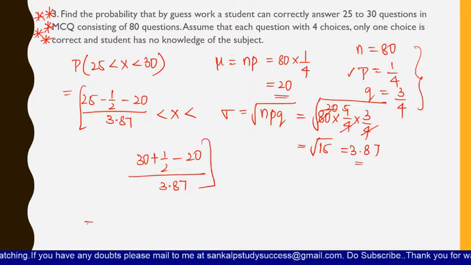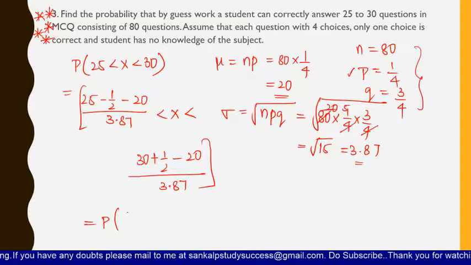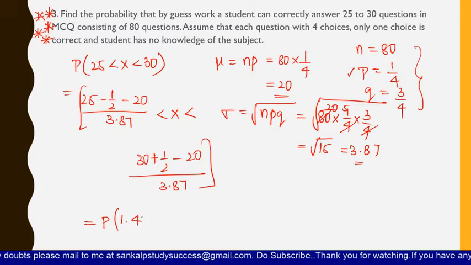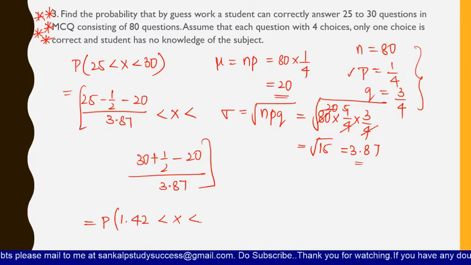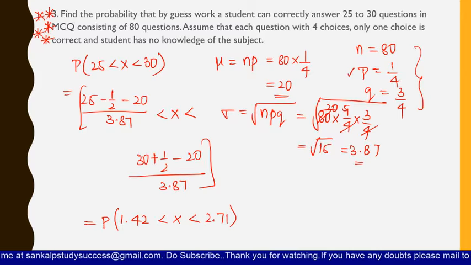So now, probability of, if you simplify 25 minus half minus 20 by 3.87, you will get 1.42, which is less than x less than, if you solve 30 plus half minus 20 by 3.87, then you will get 2.71. So this is of the first form and both the numbers are having the same sign.